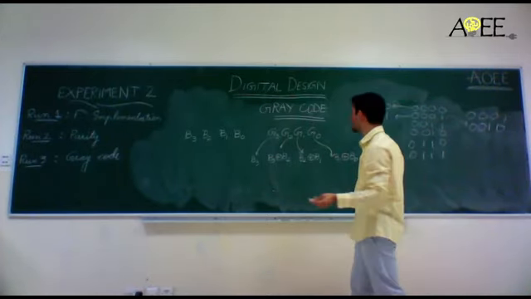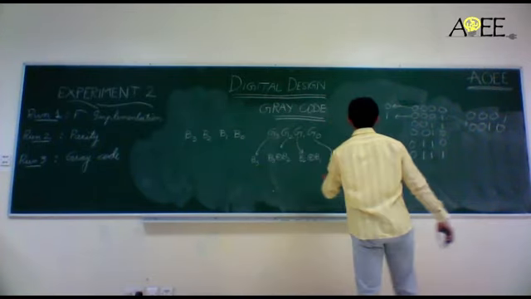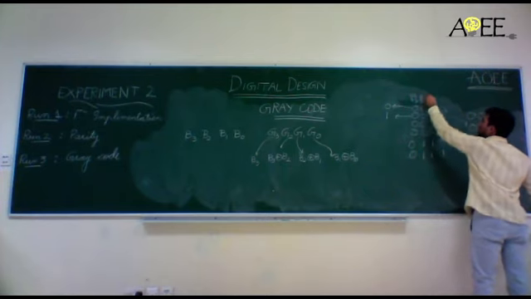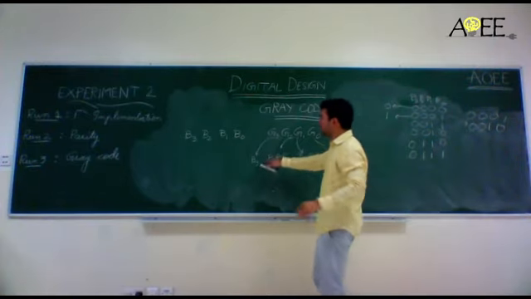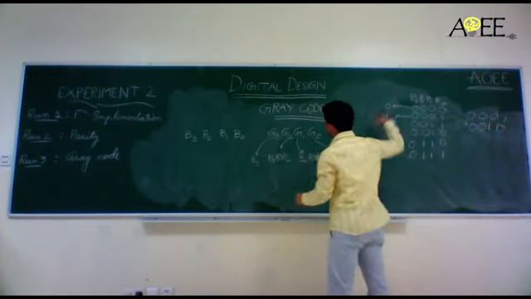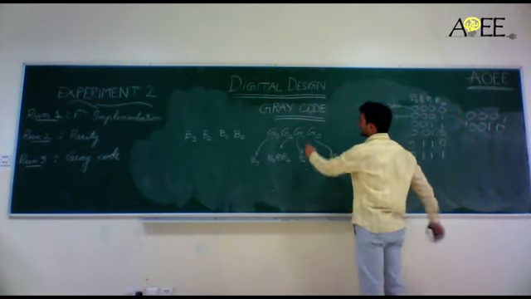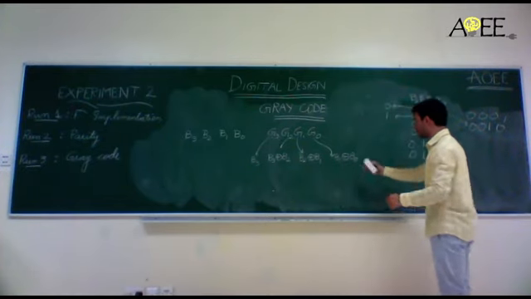If you see it formula-wise, any number can be written as B3, B2, B1, B0. Then in gray code, G3 will be B3 directly, that is the same digit. G2 will be B3 XOR B2, G1 will be B2 XOR B1, and G0 will be B1 XOR B0.